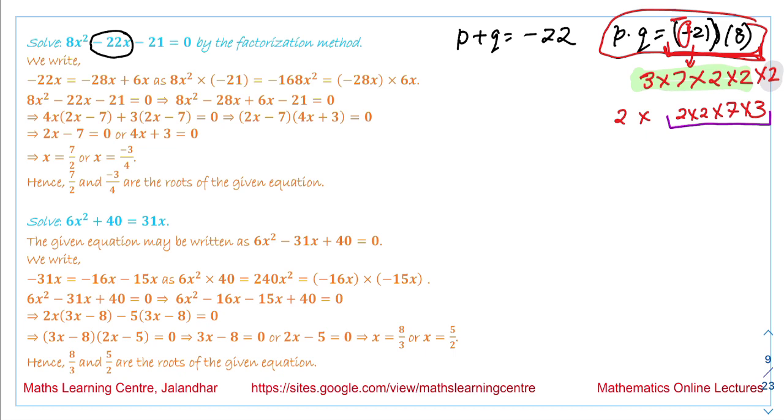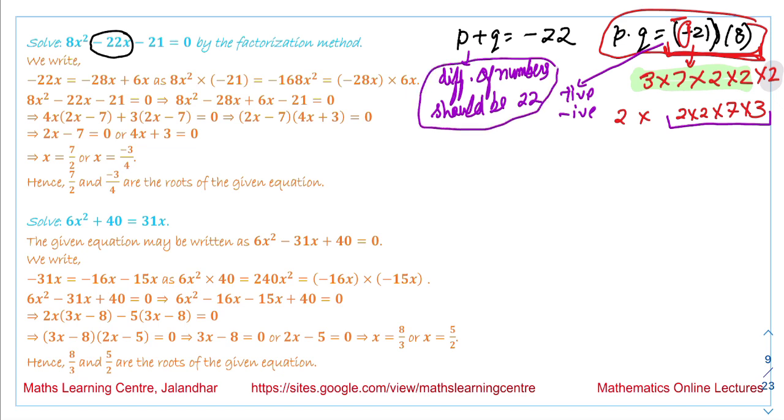But for the sum of those two numbers, one number should be positive and one should be negative. It means the difference of the numbers should be 22, but the difference of these two numbers will be very large.